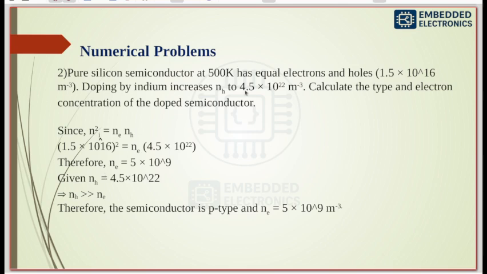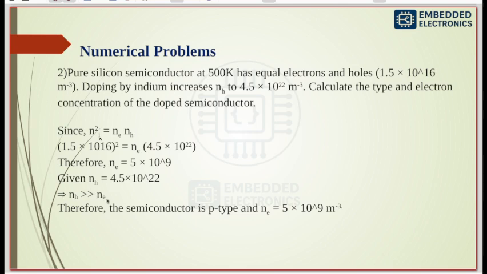But we have hole concentration 4.5 into 10 to the power 22. By comparing these, you will get to know NH is very much greater than Ne. See here 10 to the power 22, here 9.